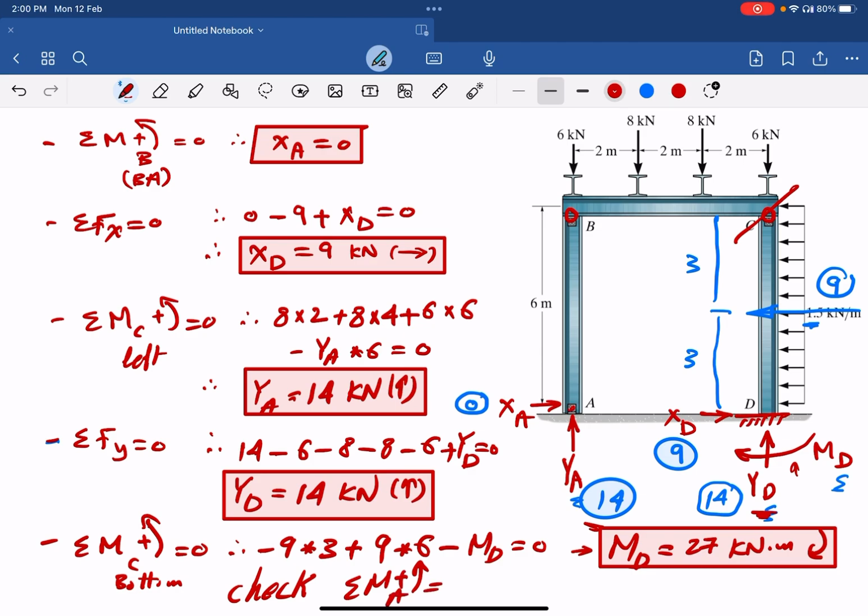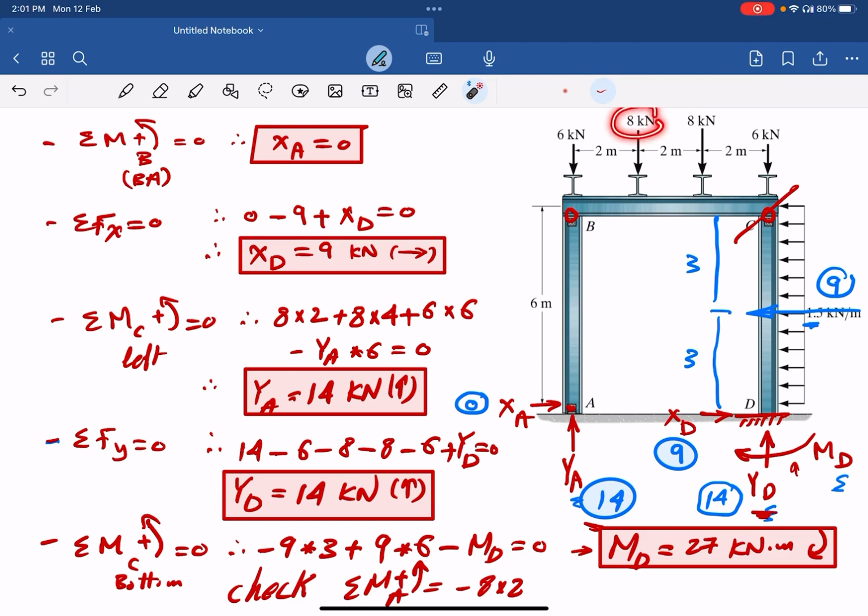So taking a moment at A, we never took it before, so it will be minus 8 times 2, which is this value, times 2, again minus 8 times 4, minus 6 times 6, plus 9 times 3, minus Md plus Yd times 6, and let's check if it would be 0 or not.